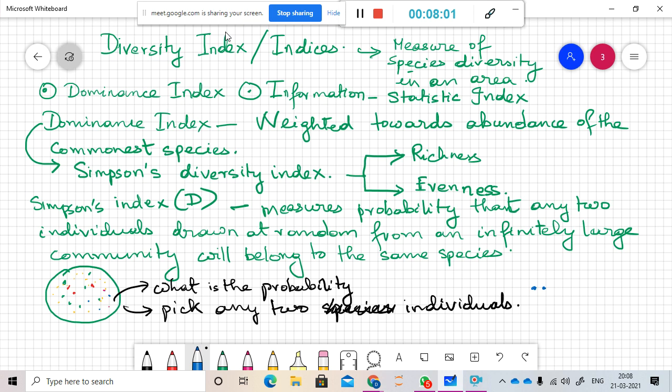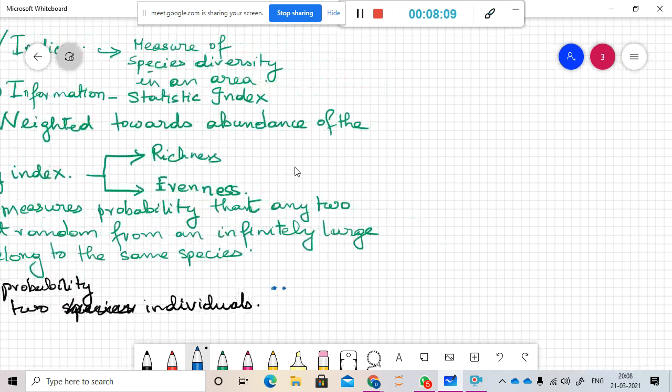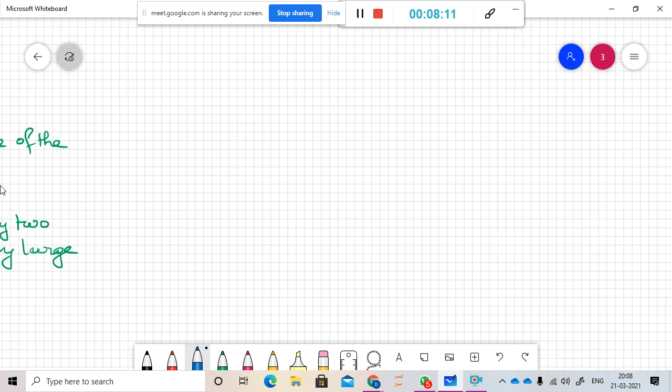So there are two versions of the formula for calculating D. You can use any of these two, but you must use it always.